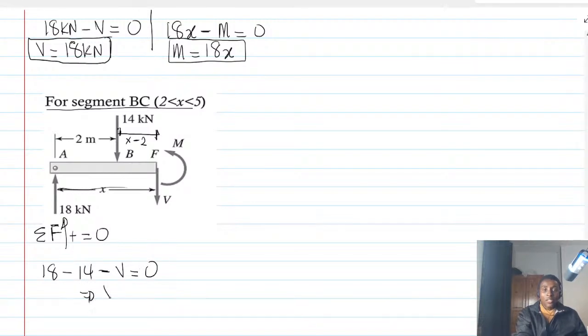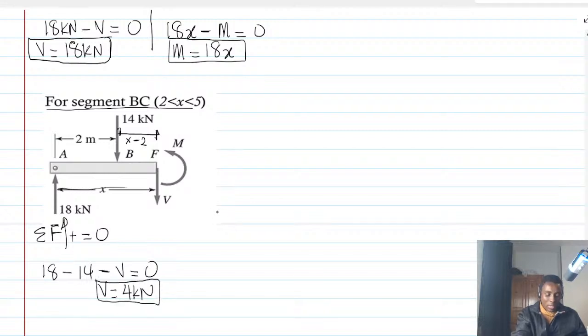From here, V equals what? 4. All right. So we can say that the shear force is 4 kilonewton.